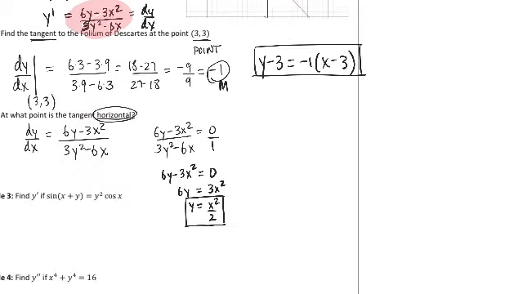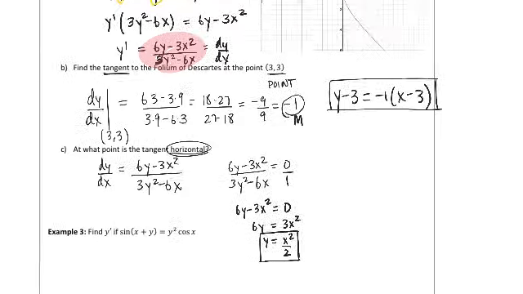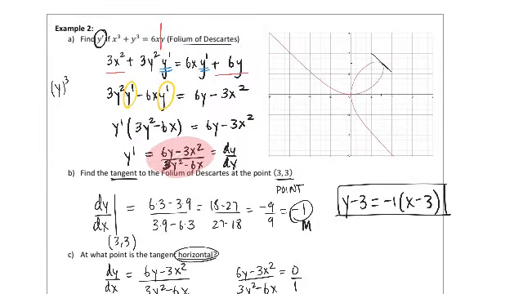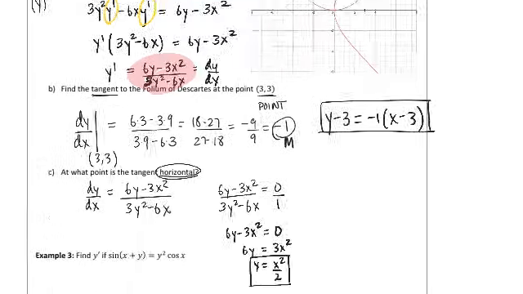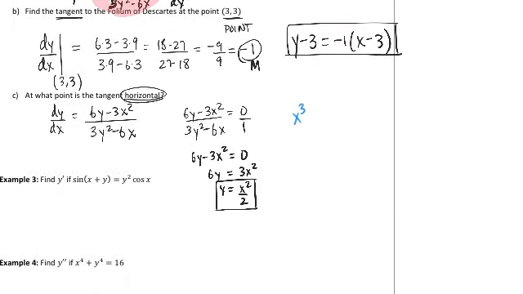So we will take that relationship and go back into the equation for the curve, by which I mean the original equation, x cubed plus y cubed equals 6xy. I'm going to put this into that.